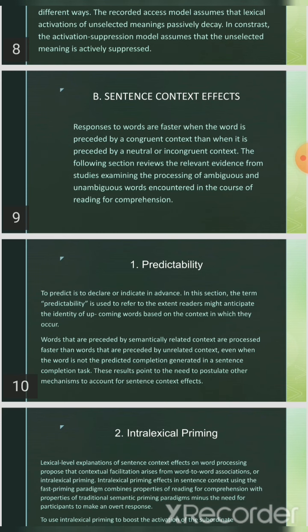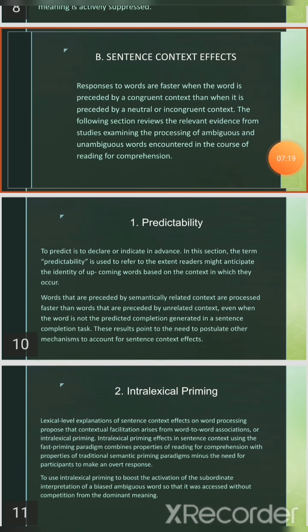The second is sentence context effects. Responses to words are faster when the word is preceded by a congruent context than when it is preceded by a neutral or incongruent context.